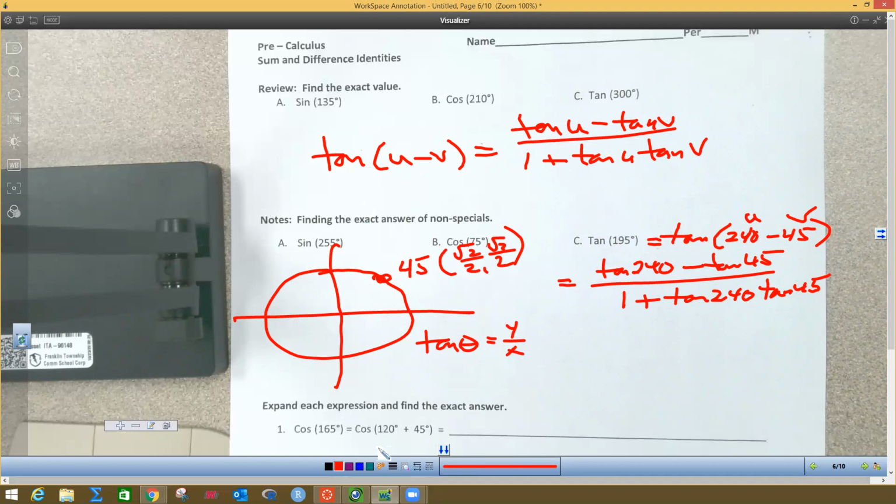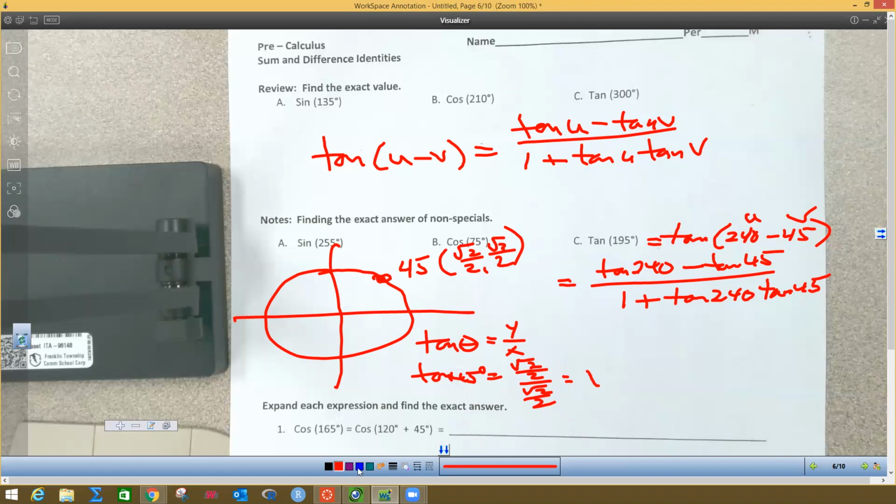Now this is the harder way in my case, but 45 is easy. So when I do the tangent of 45 degrees, that's going to be radical 2 over 2 divided by radical 2 over 2, and somebody left that answer on the quiz today. It wasn't those exact numbers, but it was like that. You have to simplify this. What's radical 2 over 2 divided by radical 2 over 2?